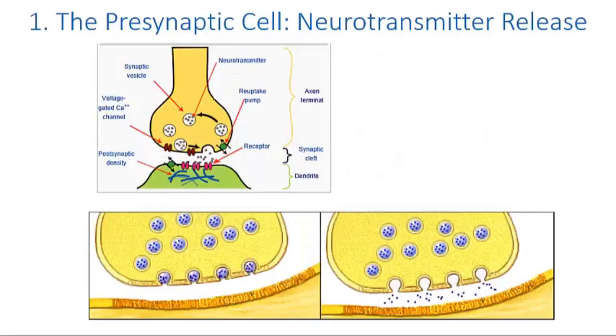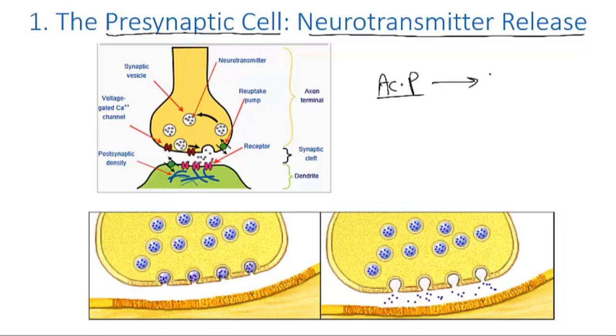We start with the process as it occurs in the presynaptic cell, and the process here is neurotransmitter release. What happens there? An action potential in the axon terminal causes voltage-gated calcium channels to open up. Why are they open? Because of the action potential.